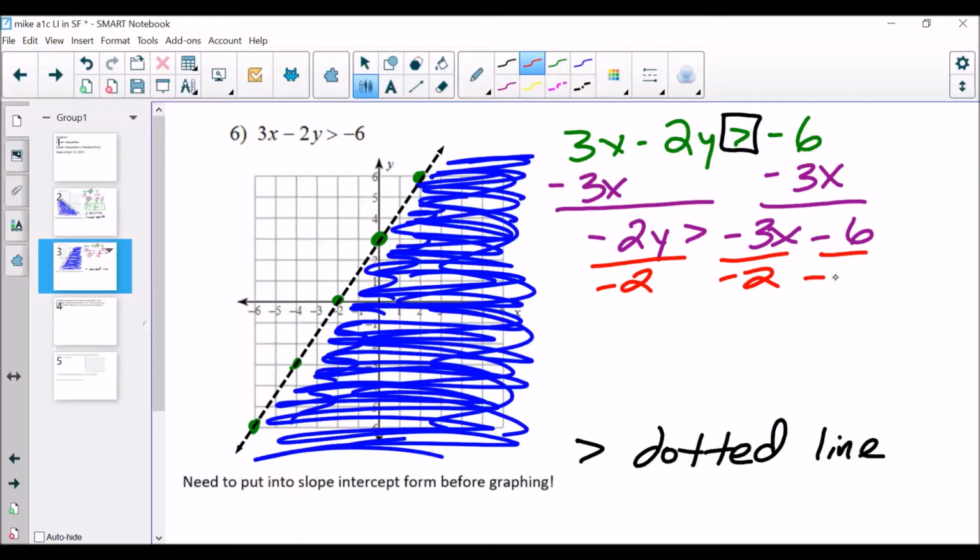So I'm going to divide by that coefficient in front of the y, which is -2. And that's a big deal. If you're in one of my classes, you know why I just wrote that in red. We called that the red alert.